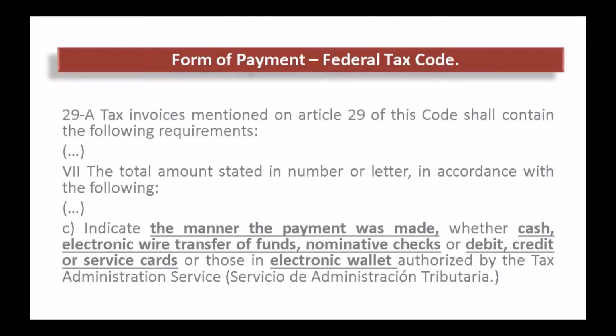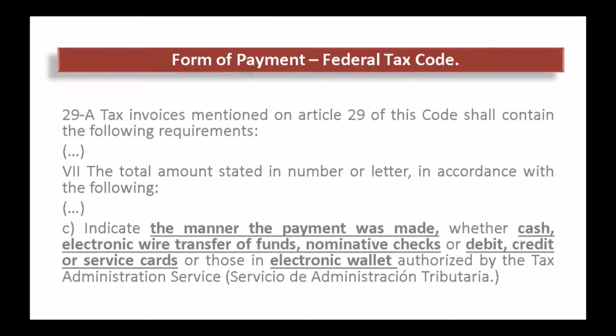So we see that the tax code has a different description for what form of payment is. We see that form of payment in the tax code is cash, wire, check, etc. However, if we look at Exhibit 20, cash, check, transfer, etc. goes under method of payment.